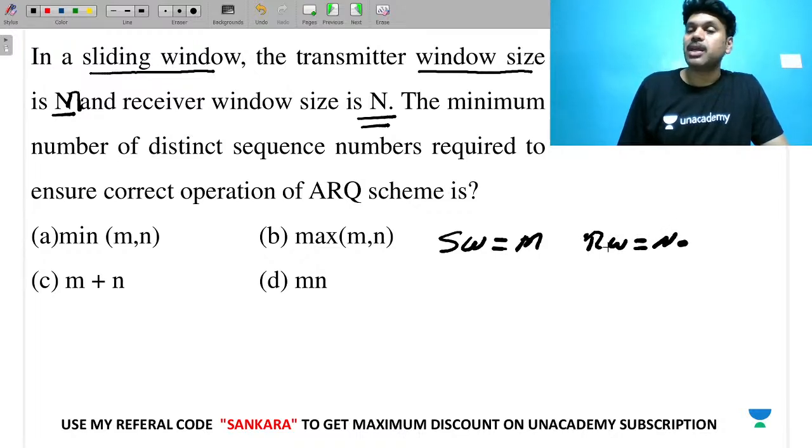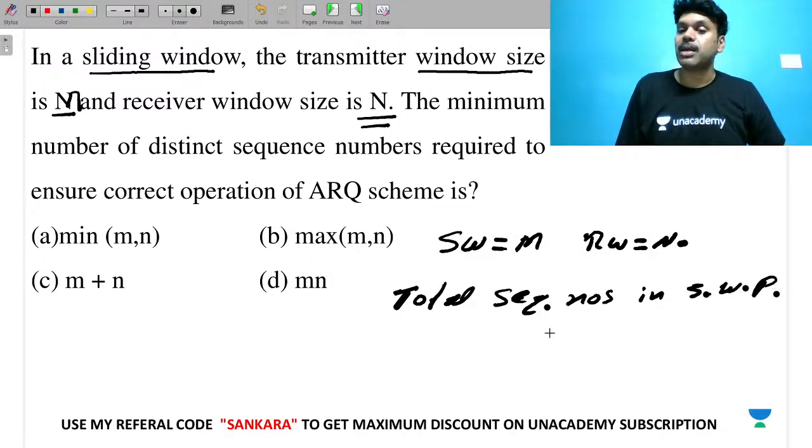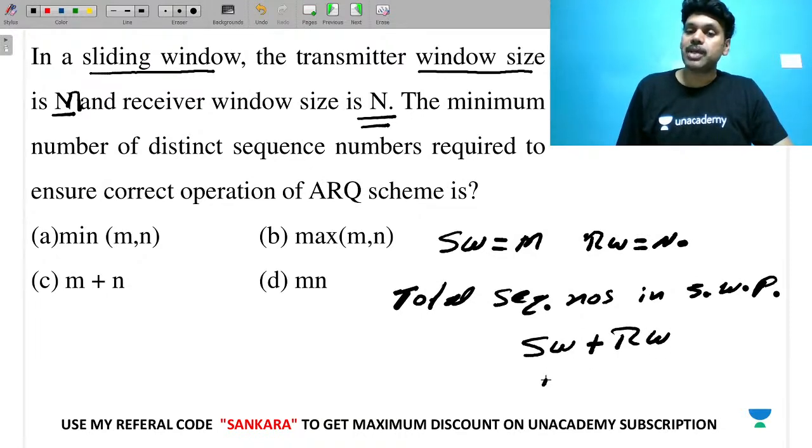Now he is asking, what are the total sequence numbers in sliding window? Total sequence numbers in sliding window protocol is very simple: SW plus RW, which is m plus n, is your answer.